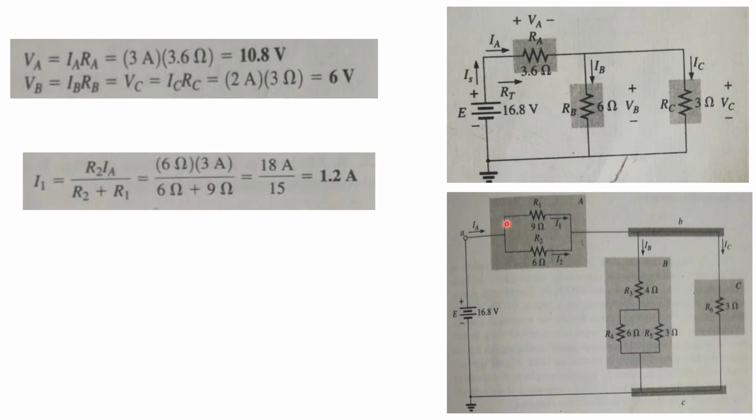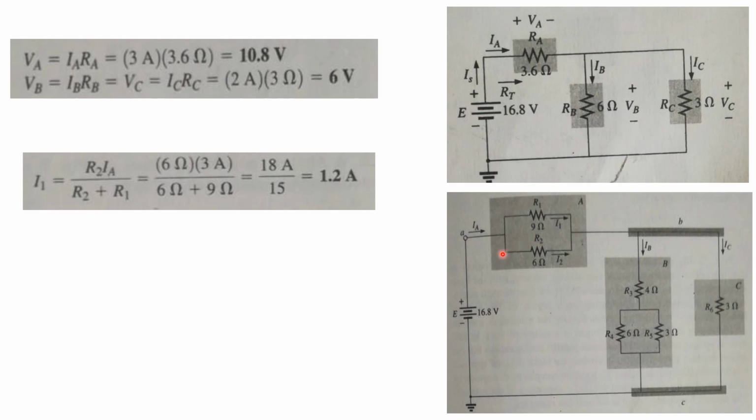So applying the current divider rule, when you are finding I1, use the opposite resistor R2 multiplied by the total current entering the node, which is IA, and divide by the total resistance of this network, which is R2 plus R1. Substituting the values, we will get the value of I1, which is equal to 1.2 amperes.